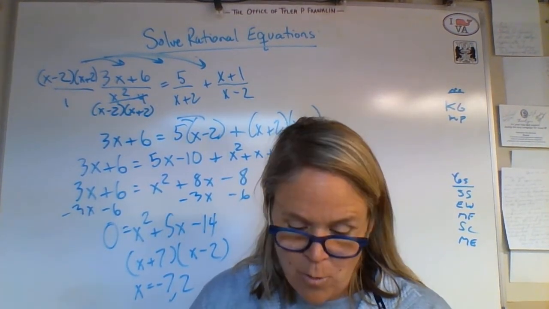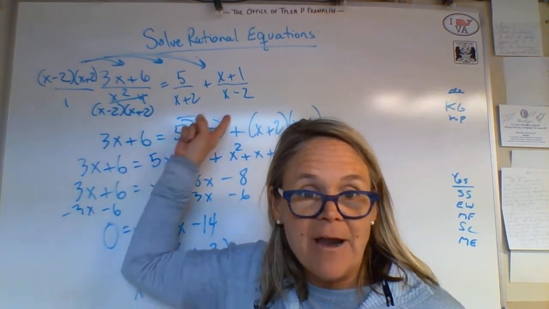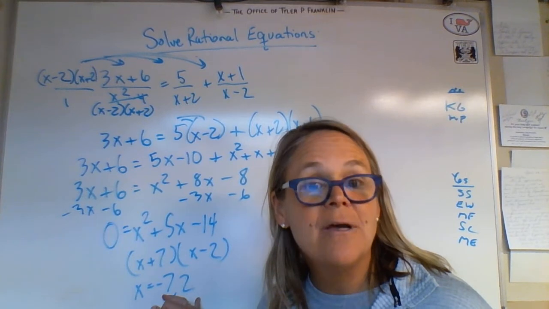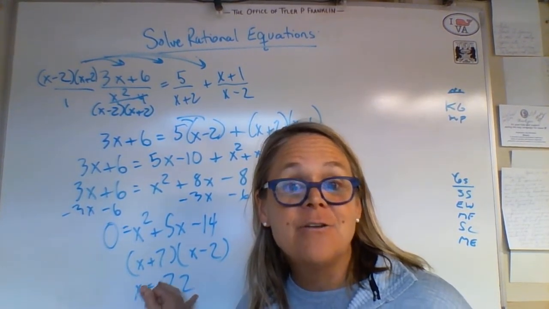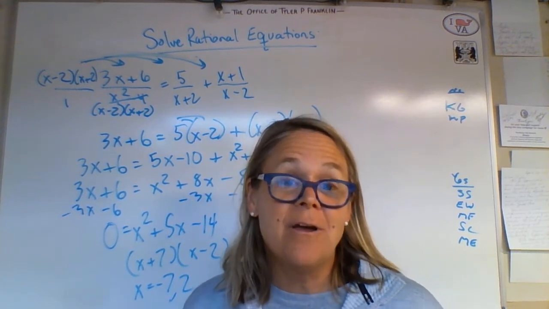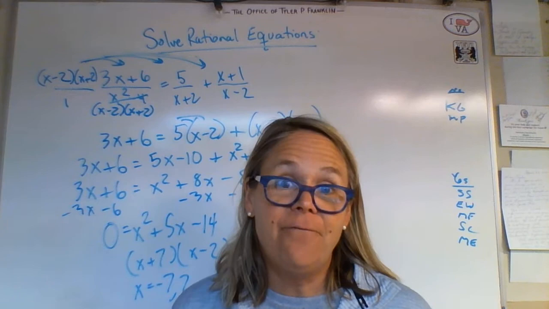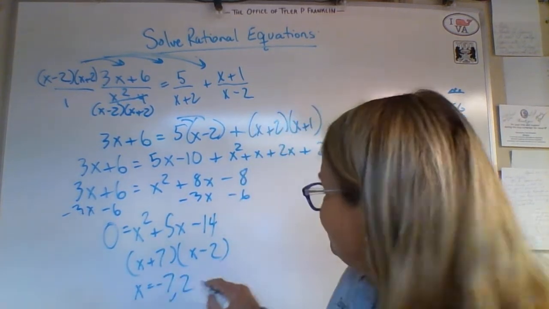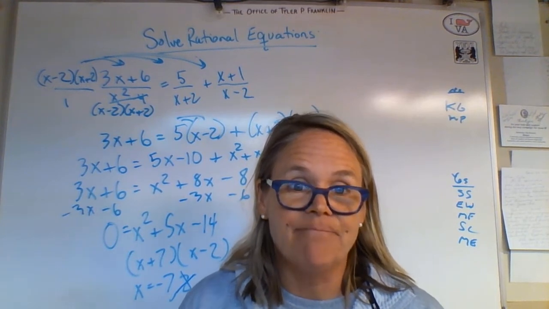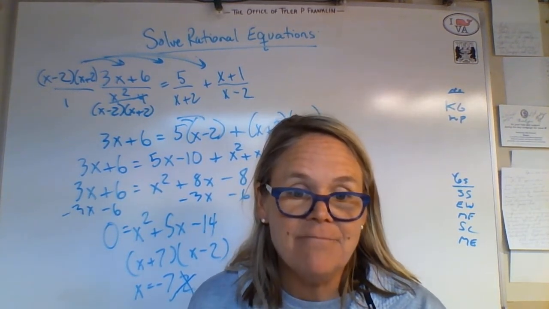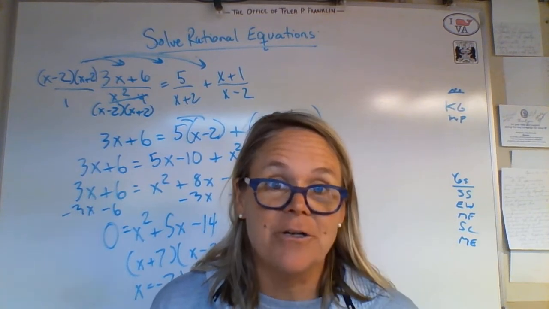Well, this is the one question where if you look at those and put them up there, 2 would give you 0 in the denominator. So what you want to do with 2 is cross it off. It's extraneous. It's a false solution. The answer would just be x equals -7. So it was a longer lesson, but it gives you an idea of how you solve rational equations.